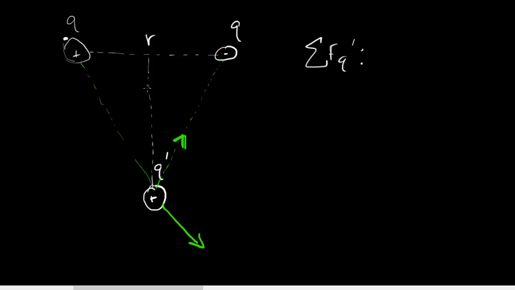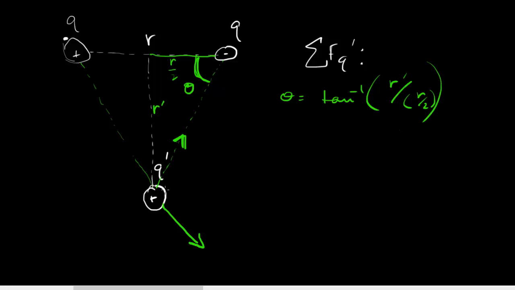Okay, so let's say this side is R prime. Then you can find this angle. What would this angle be? This side is R over 2 from here to here. So this angle, called theta, is going to be the inverse tangent of R prime over R over 2.